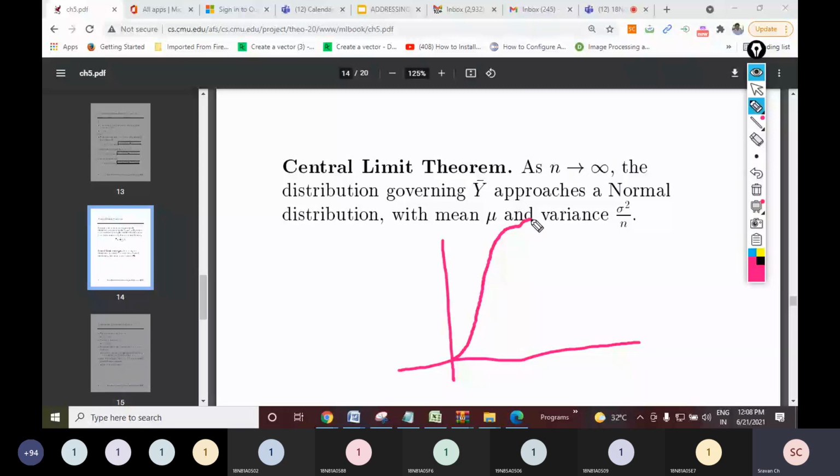Normal distribution means there is a continuous increase up to a certain point, then from there a continuous decrease. Of course, I'm not able to draw it properly. So as the value of n continues to grow, the distribution governing y dash approaches a normal distribution. This is the central limit theorem.